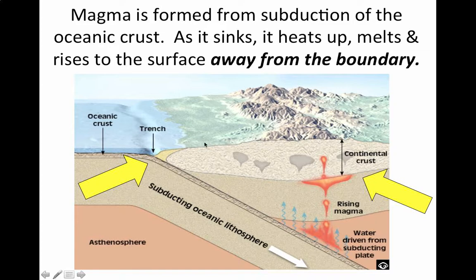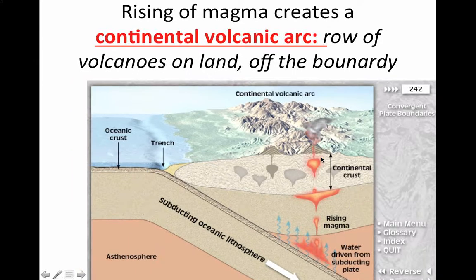Notice the location of these volcanic features: they happen away from the tectonic boundary. The trench over here is basically the boundary line, showing where those two plates meet. Here, I have my volcanoes forming further away from the boundary, the place where that magma is melting and making its way up to the surface.